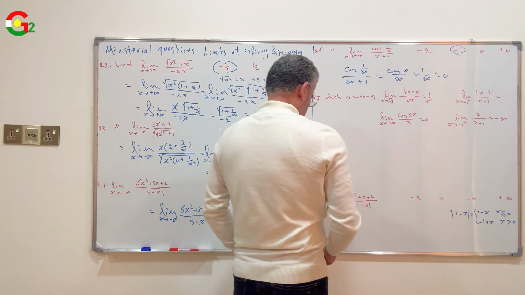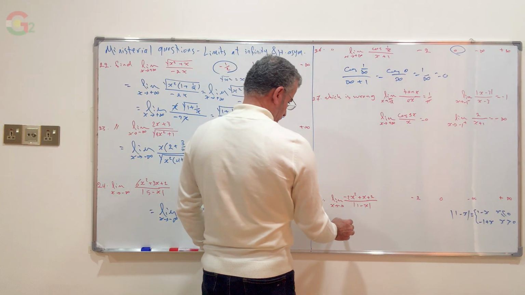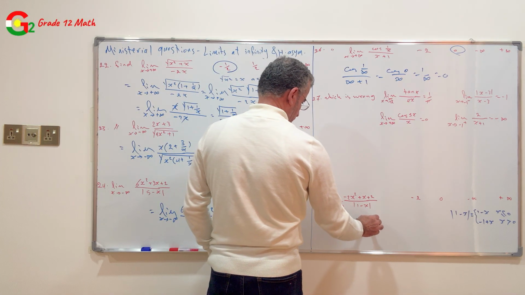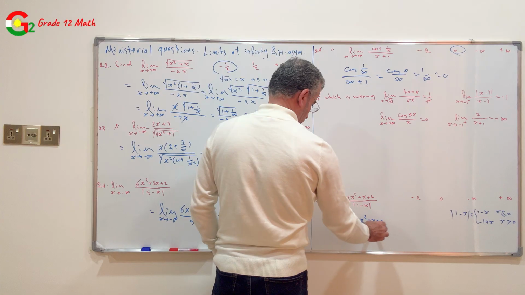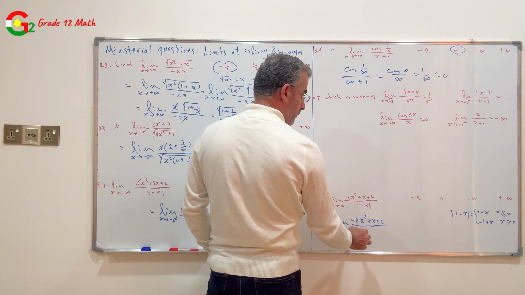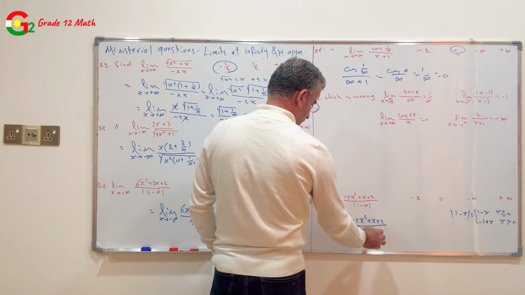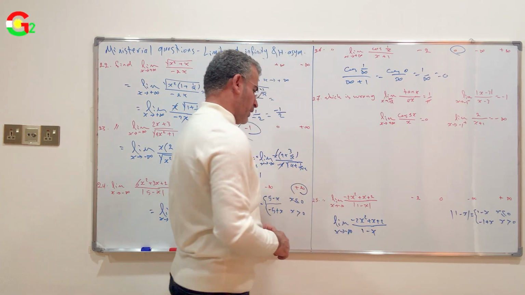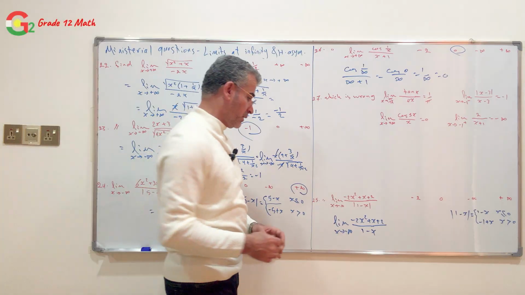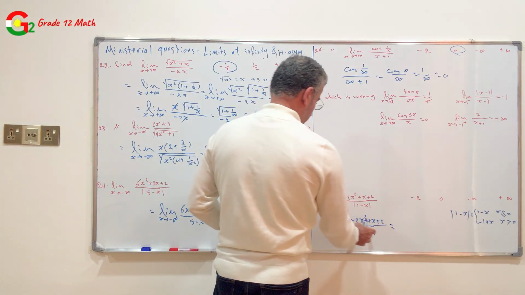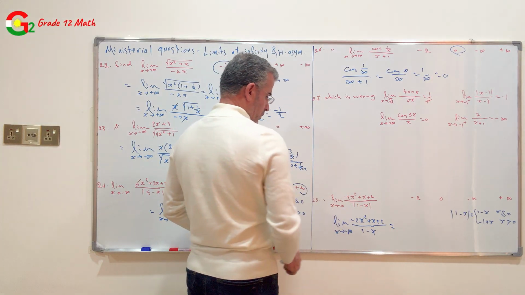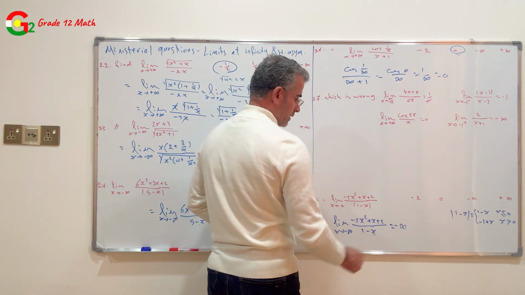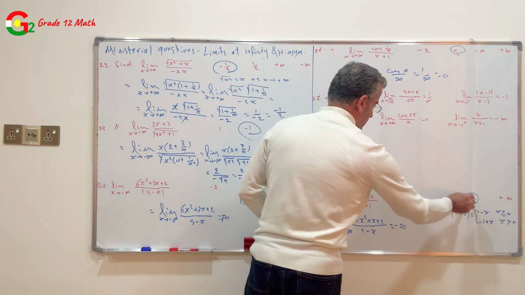Since x approaches negative infinity, the limit will be negative 2x squared plus x plus 2 over 1 minus x as x approaches negative infinity. The power of the numerator is greater than the power of the denominator. The answer will be negative infinity squared, infinity, times negative 2, which is negative infinity. Choice C.